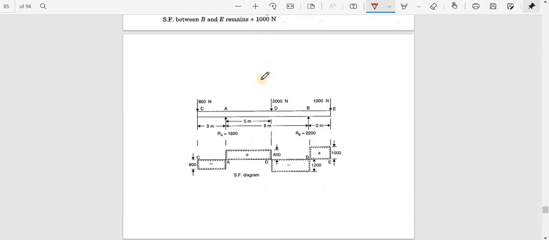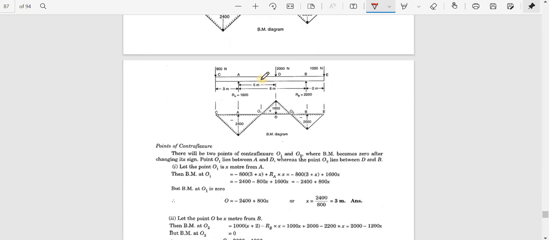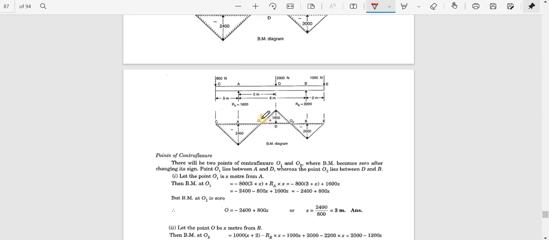Here it is a simple problem because only point loads are there. You can just look into this problem. It is simple compared to the other, because we are not having any UDL. Therefore quadratic equations will not be coming, so it will be easier. You just go through these points, and one point is that here there will be 2 points of contraflexure, since both sides are overhanging.